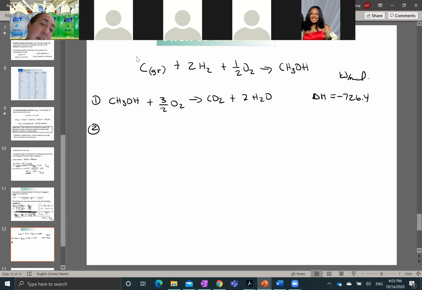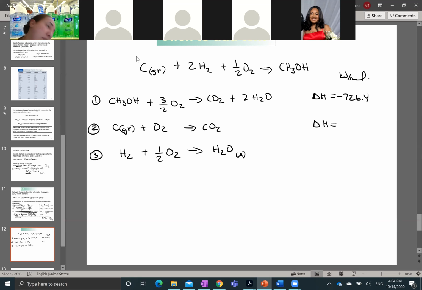The second example is C graphite plus O2 gas goes to CO2 gas. The third and last one is H2 gas plus 1/2 O2 gas goes to water liquid. Oh, I forgot to give you the delta H for the second one. It is negative 393.5, and the delta H for the third one is negative 285.8, that's the water value.